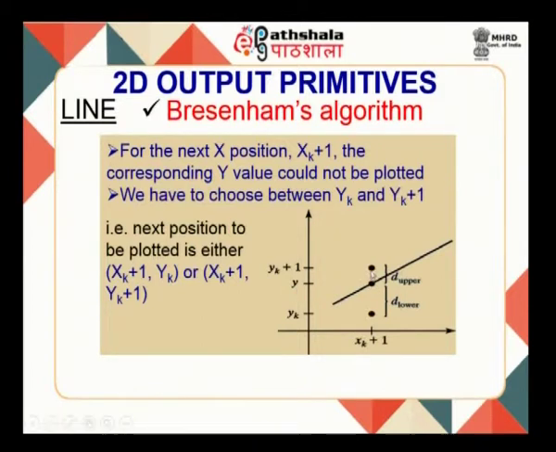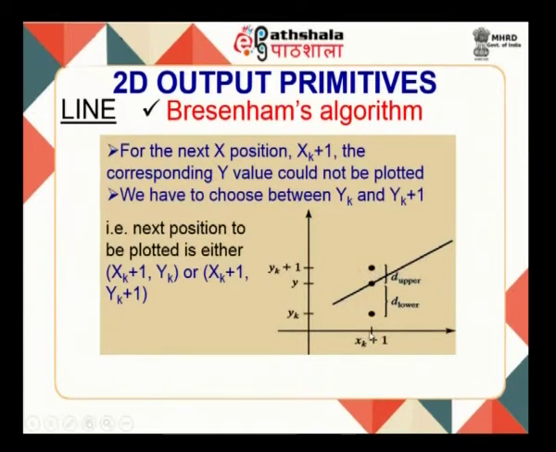If y_k plus 1 is closer, we plot that; if the theoretical position is closer to the lower pixel y_k, we plot that. In the diagram shown, the upper pixel is closer. We call this distance d upper, the distance between y and y_k plus 1, and d lower is the distance between y and y_k. Whichever distance is smaller, we choose the corresponding pixel.